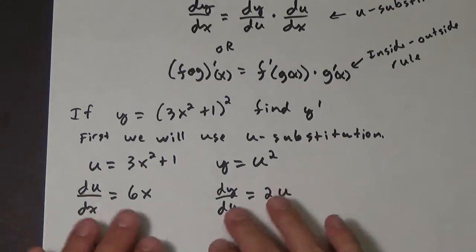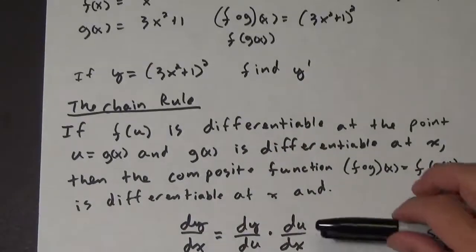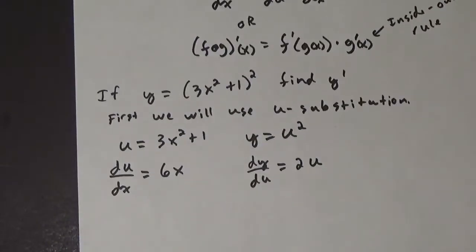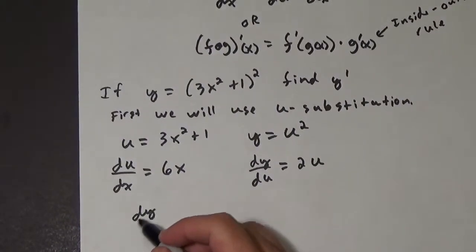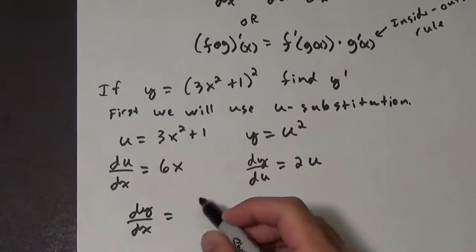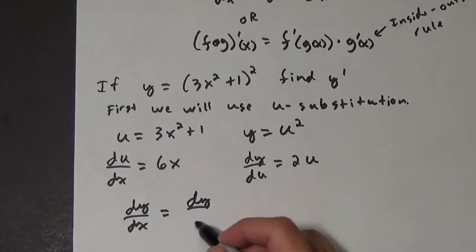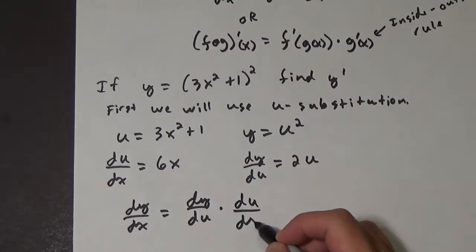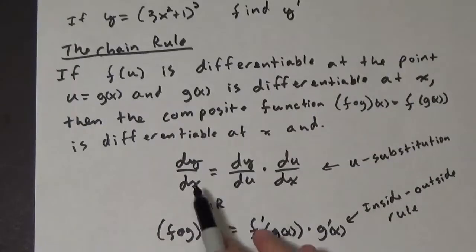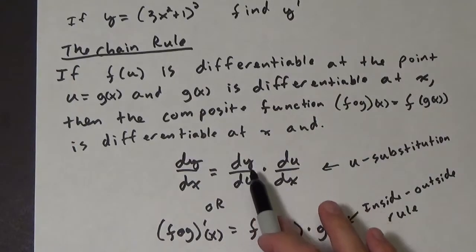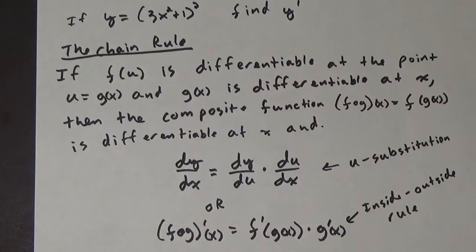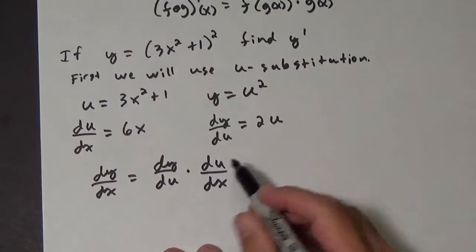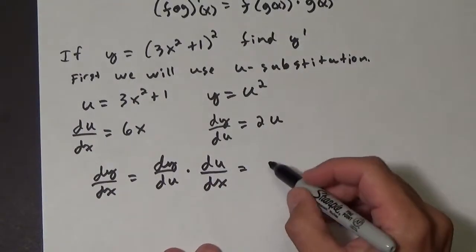Right, so now we do this whole process because when we go back to this rule up here, the u substitution rule, it states that dy dx equals dy du times du dx. So let's put in our parts. Dy du is 2u.